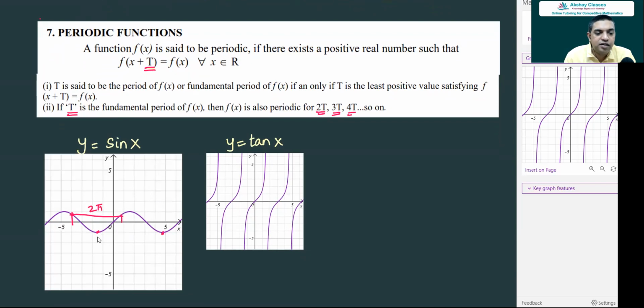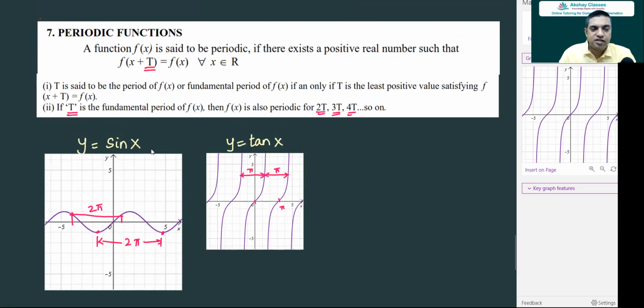Here, the values are repeating. So sin x is a periodic graph, and for tan x, at every interval of pi, the values repeat. The function value repeats for every interval of pi. So 0, pi. So these graphs we need to be quite thorough with.